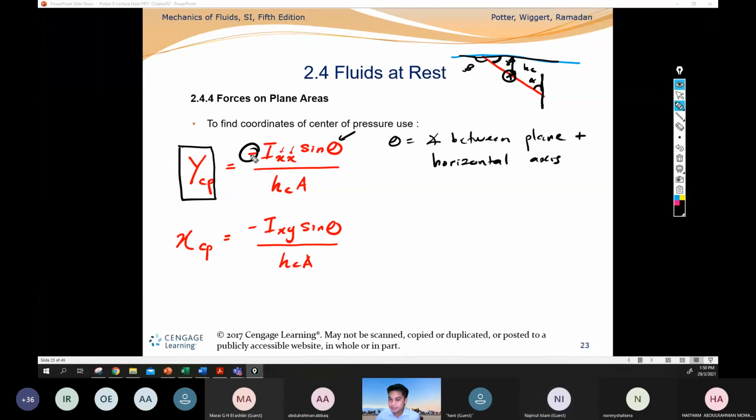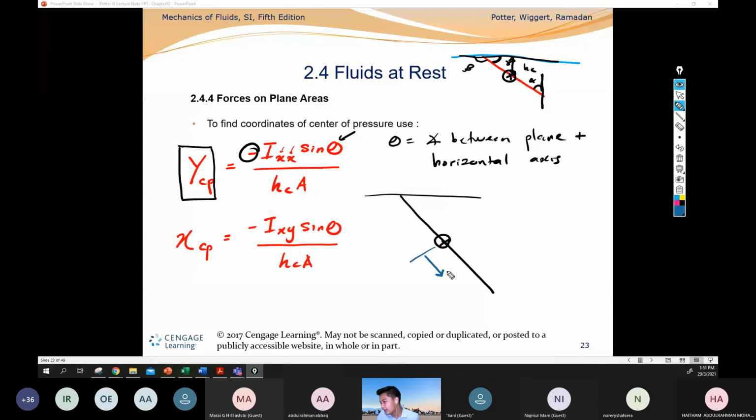So negative means it is below. Below what? For example, this is our centroid, so negative means it is from here, from the centroid, below.